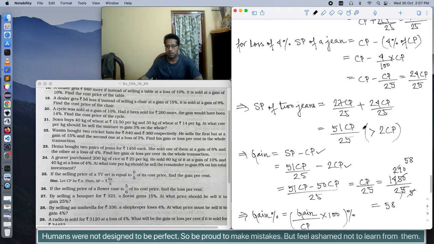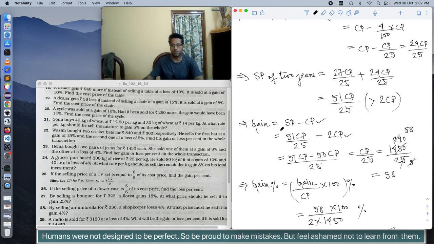But when I am computing the final gain, which is selling price minus cost price, this CP is actually the cost price of the 2 jeans, not a single jeans. That is why in the next step I have written this CP is equal to 2 CP.